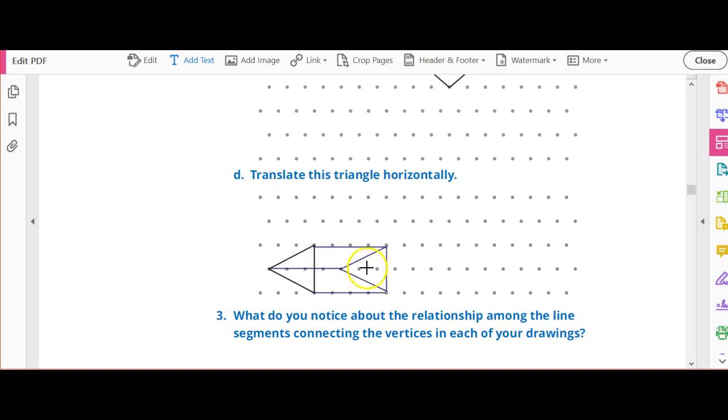This view maybe doesn't look like it, but if I'd gone horizontally with it, I should have a right angle in here. So if this is a right angle in the base as we came up from it, then we would again have a right triangular prism.